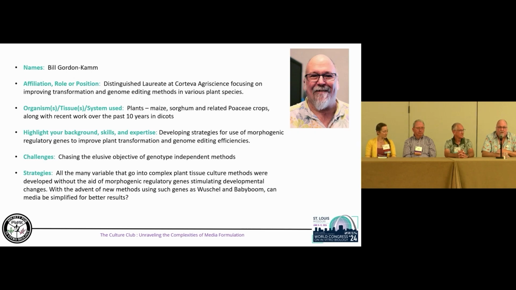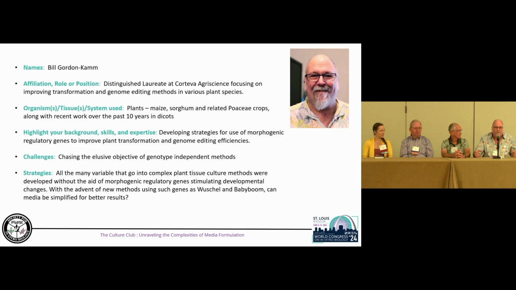And so all the modules for putting the media together had pretty much been established. And we were just taking known mixtures and adding and subtracting. And then we started adding and adding and adding over the years. So our media has continued to get more complex, and it works, but it's really frustrating.